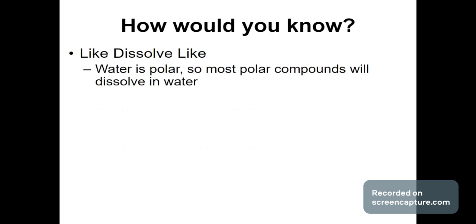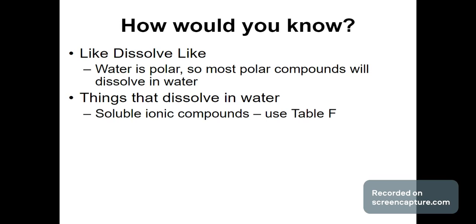And so how do we know? Like dissolves like, meaning that water is polar, so most polar compounds dissolve in water. Things that dissolve in water: soluble ionic compounds. You can use table F as a resource, but I don't think we're going to get into table F just yet, but we will later on, or a different one that's akin to it.